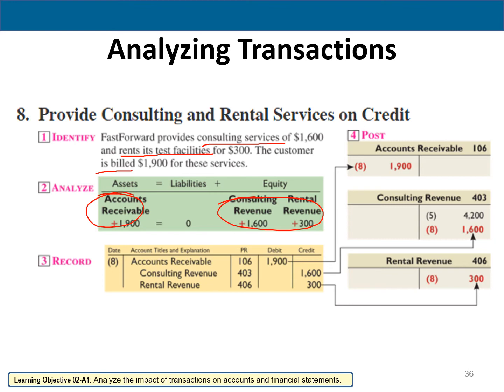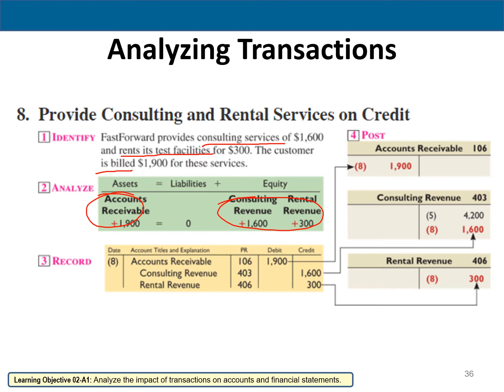Revenue is part of our expanded accounting equation. Revenue has the same relationship with equity. In other words, as revenue increases, equity also increases, right? So in order to increase our asset accounts receivable, we have to debit.